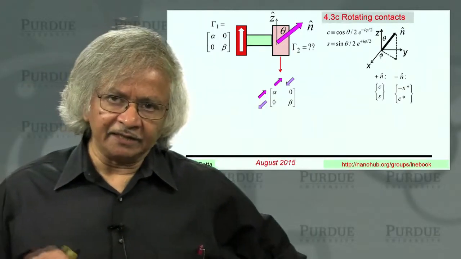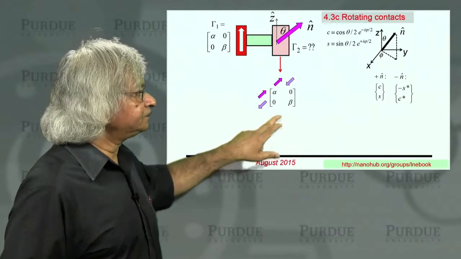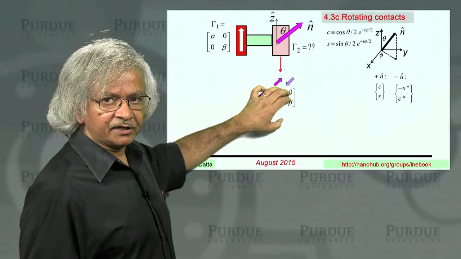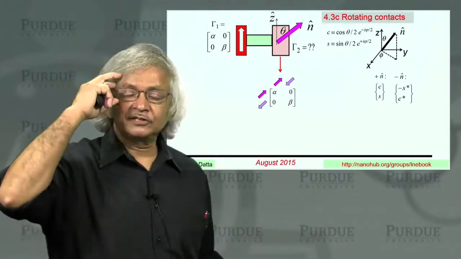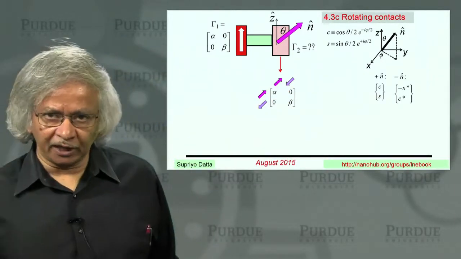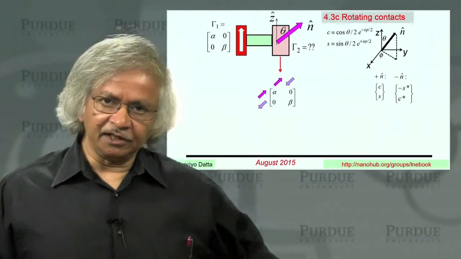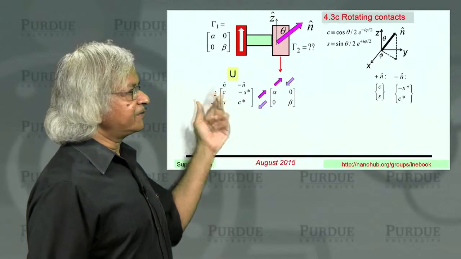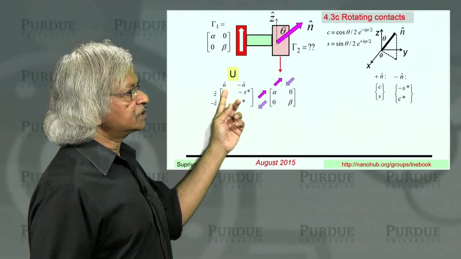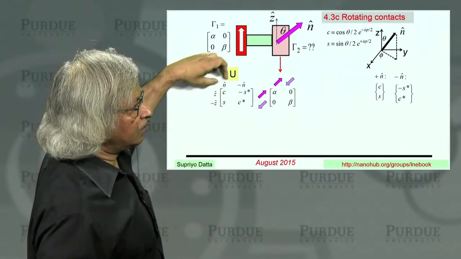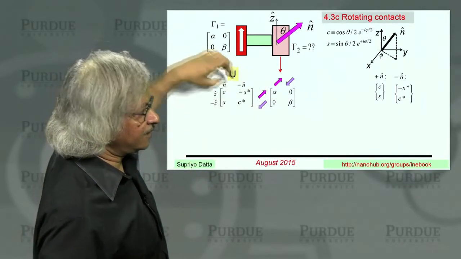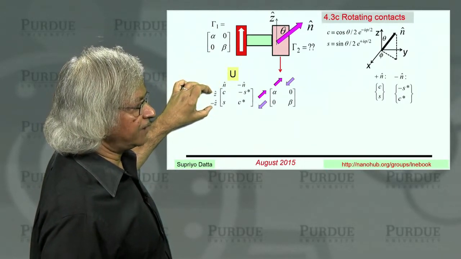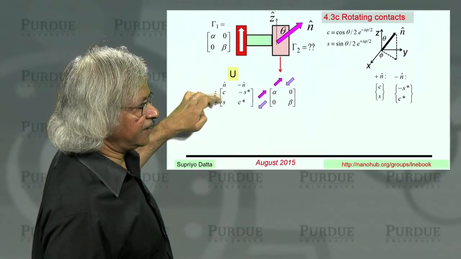And the way I can do that is, I can take this and do a basis transformation. This is where, if you are rusty on basis transformations, something you've seen in linear algebra, you may want to look it up. The way it works is, you put a matrix U here, whose columns tell you what plus n is in terms of plus z and minus z, which, as we discussed, is c and s.